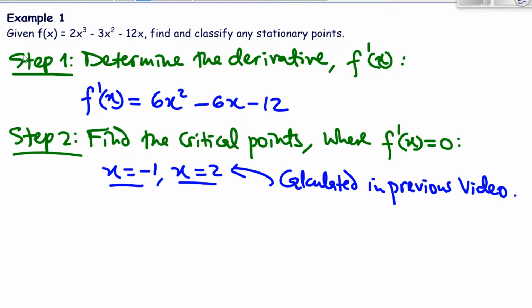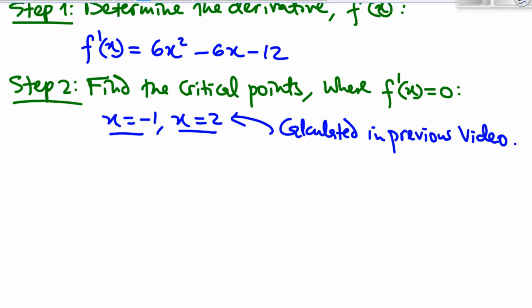Step 3 is to draw a sign diagram evaluating the derivative between or on either side of the critical points.